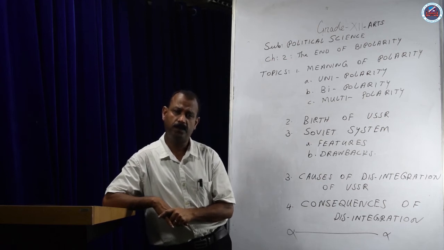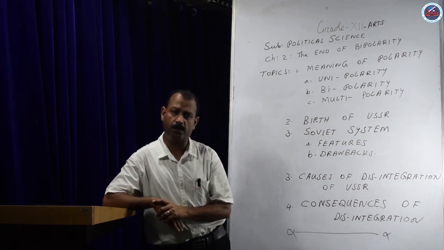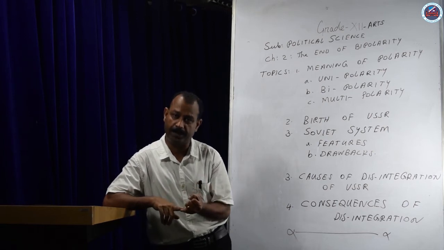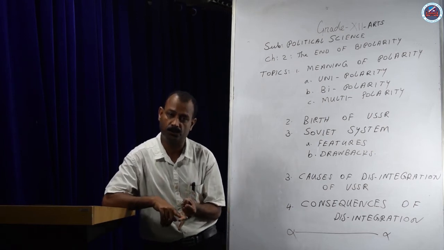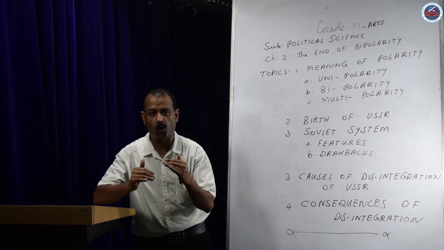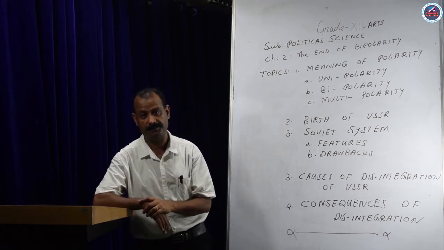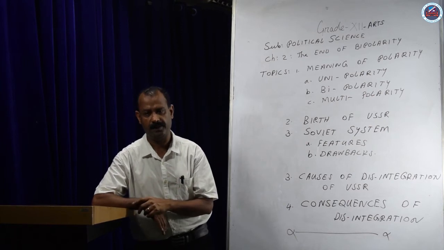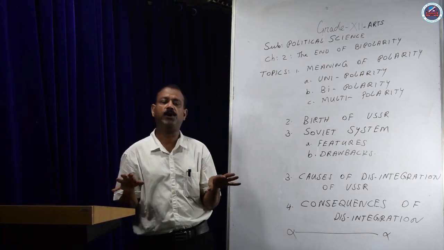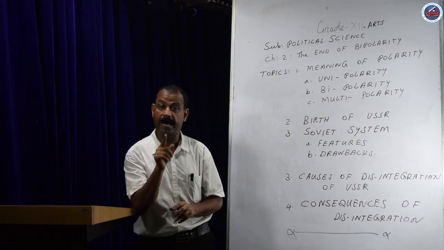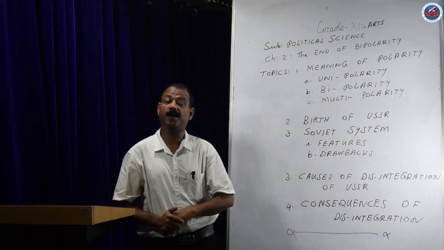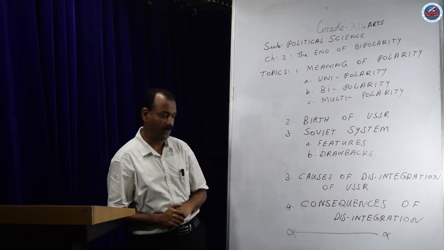The two main reforms brought about by him were perestroika and glasnost. He wanted to slowly change USSR into a capitalist society, a capitalist economy, which was not liked by the majority of the people of USSR. And that was another reason for the disintegration of USSR.